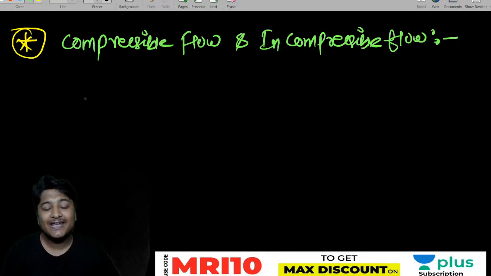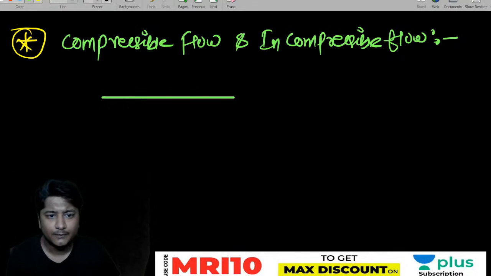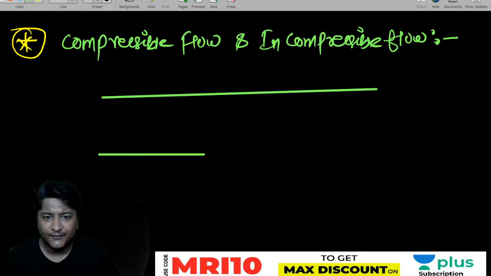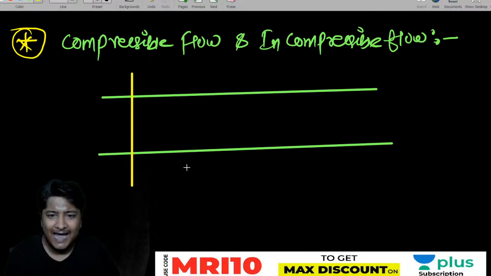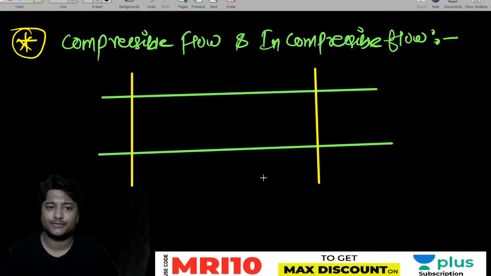Now in a compressible flow, what is happening? This is the flow at this section and this section. Density is same at both the points.